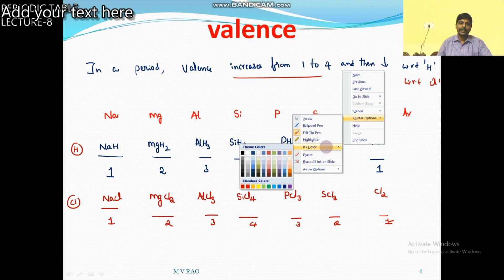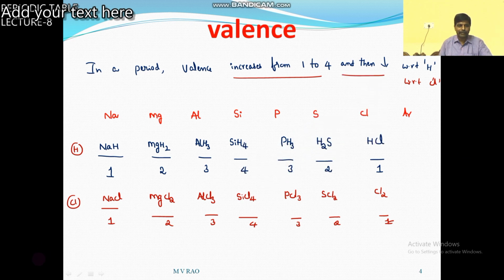Now we will take the reference element oxygen. The formulas are Na2O, MgO, Al2O3, SiO2, P2O5, SO3, Cl2O7.